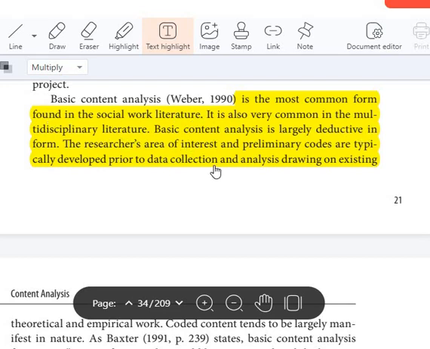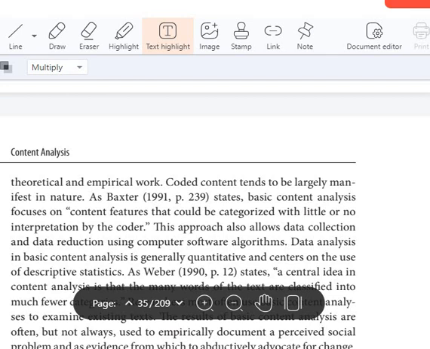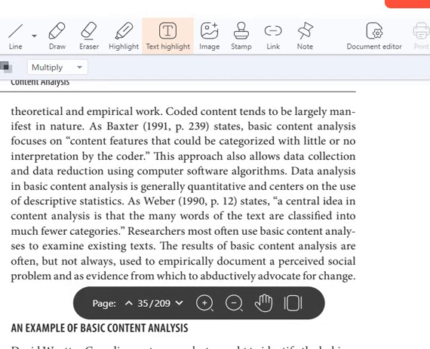Now the researcher's area of interest and preliminary codes are typically developed prior to data collection and analysis, drawing on existing theoretical and empirical work.